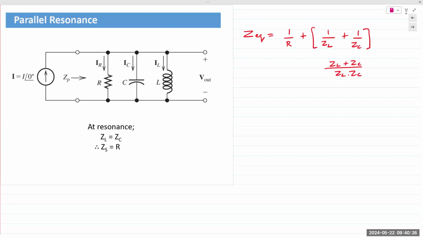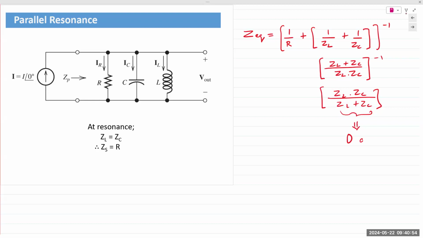And we take the reciprocal of just this right here at resonant frequency. So this would be ZL plus ZC, which goes to 0 at F0.